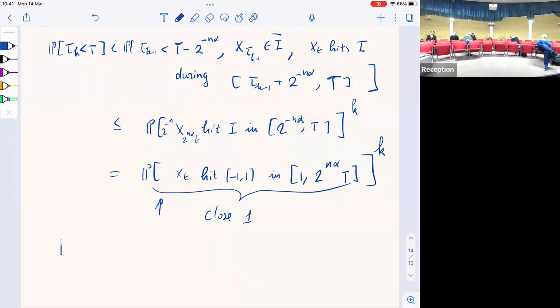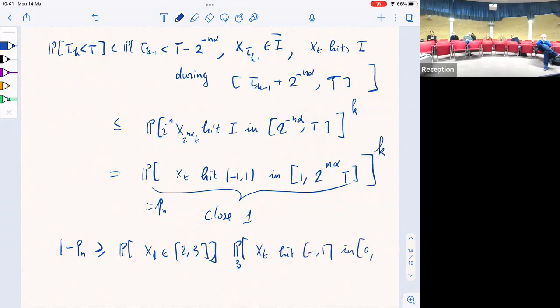Let's call this P_n. So the complement 1 minus P_n is the consequence of the fact that if you have a process at time 1 it hits 2, 3, and then you can use again the Markov property. If you have the process starting from say 3 and your time hits a small [-1, 1] interval in this time from 0, not from 1, or 2 to the n alpha t.